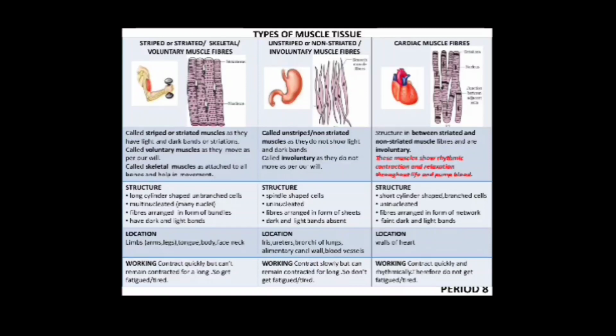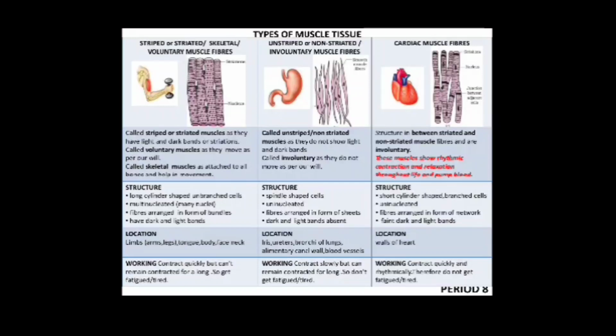Next is the smooth or unstriped or non-striated involuntary muscle fibers. They are called unstriped or non-striated muscles as they do not show light and dark bands. They are called involuntary as they do not move as per our own will. The structure involves spindle-shaped cells, uninucleated, that is having one nucleus, fibers arranged in the form of sheets.